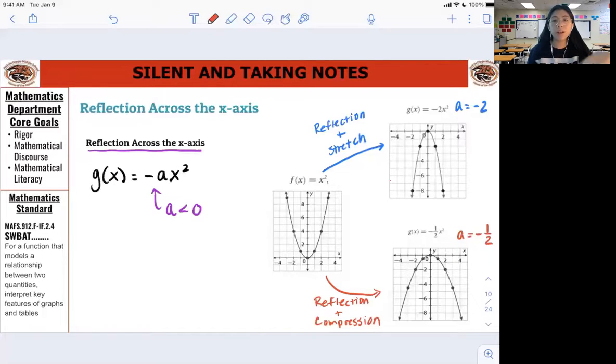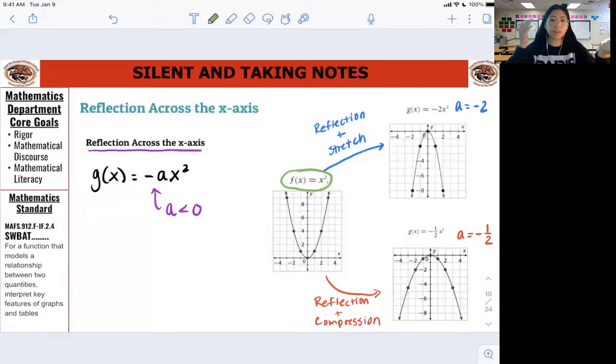Good question. On a test or a quiz, usually they'll give you the equation and then ask you what type of transformation happened. And when it asks you that, you're always going to base it off of the parent function. The parent function is the most basic one. It's like the OG, where all the other graphs come from.